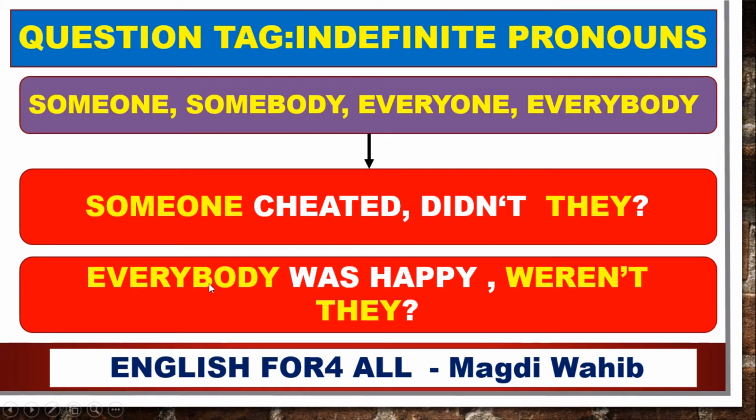We changed was to were, and we converted the statement from being positive to being negative in the question tag. All we did is remove everybody and make it they. Was was used because everybody is singular, but in the question tag we change everybody to they, so we need to change the verb to be to agree with they. They takes were, and since the sentence is positive, the question tag is negative.